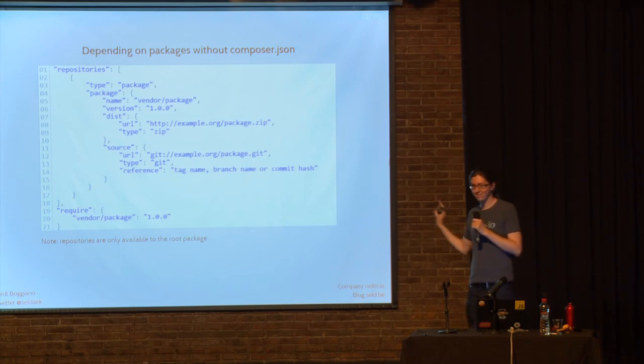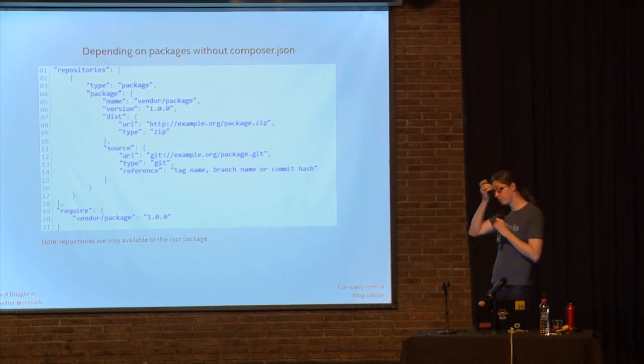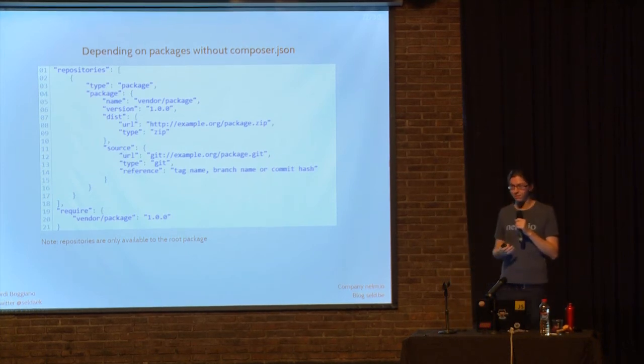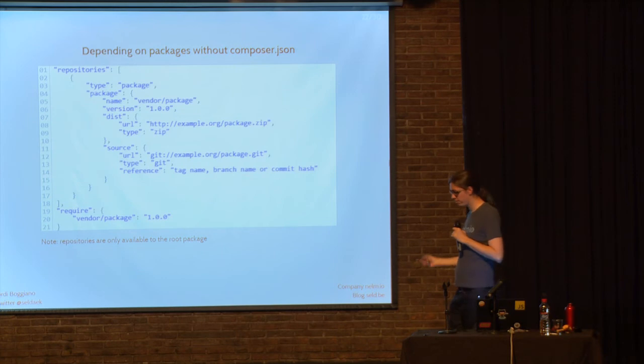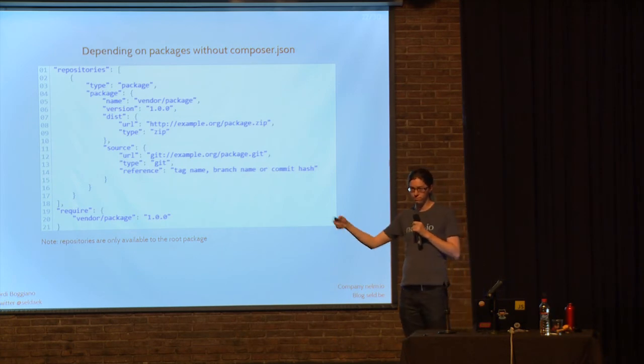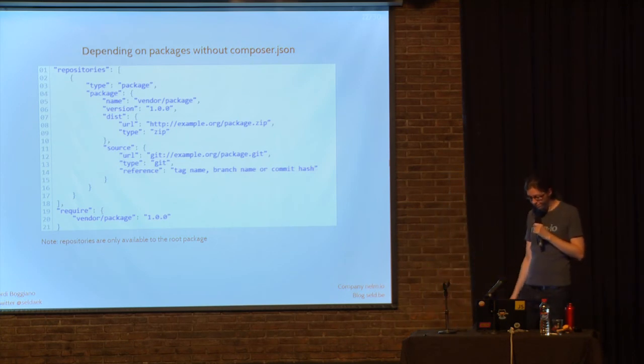If you need this, you're going to have problems at some point. We don't support this fully, I would say. It works, but it's a hack, so do it if you must. A better way is usually to nag the maintainer to add a composer.json, and then you can just use it as a normal package.